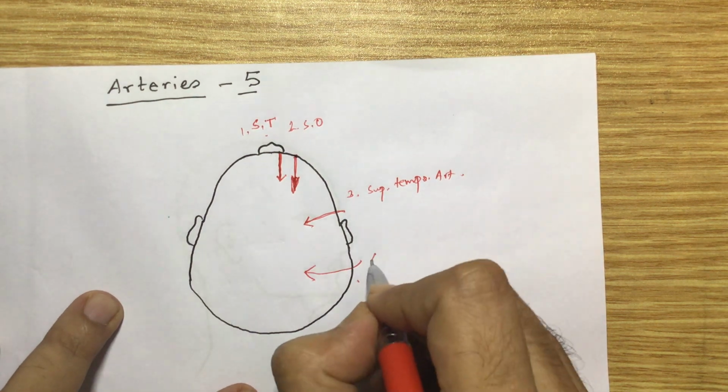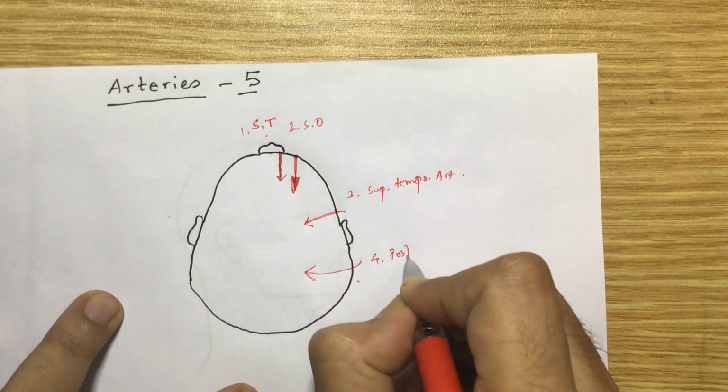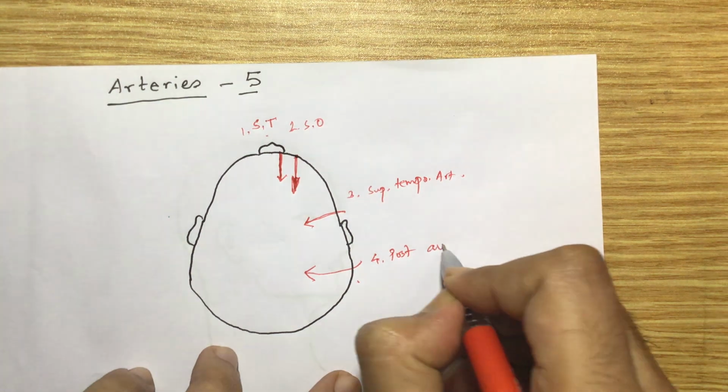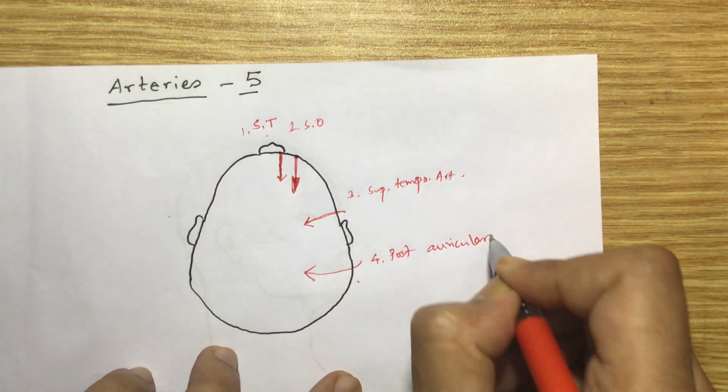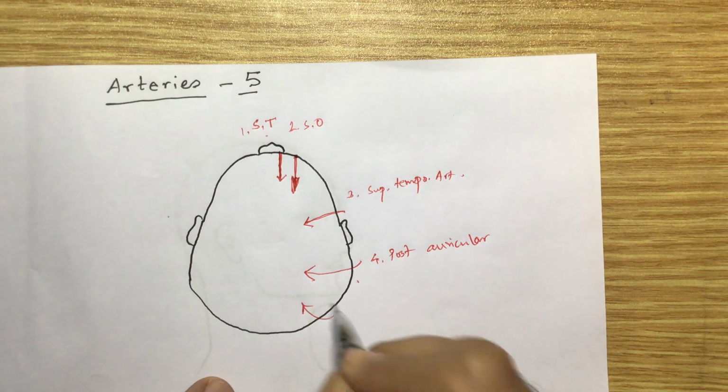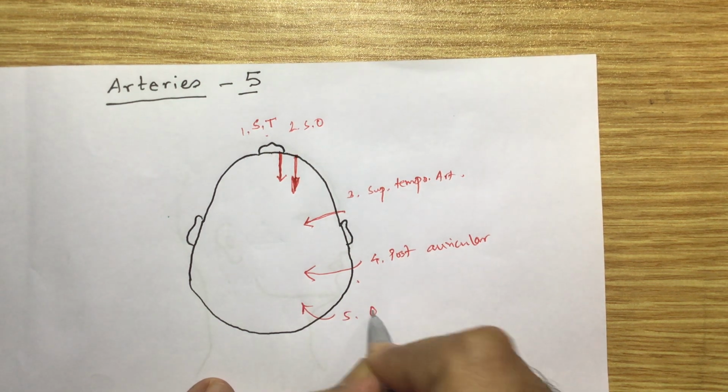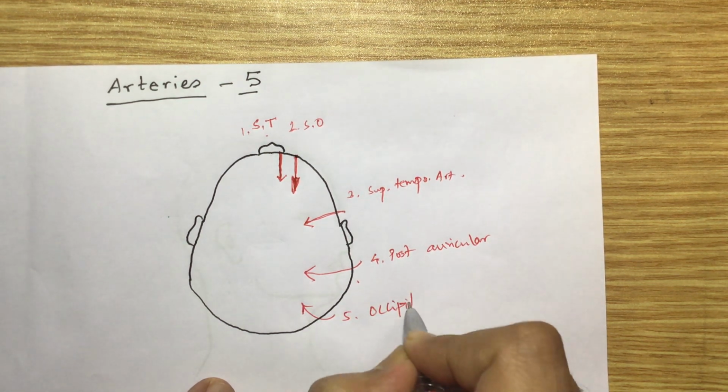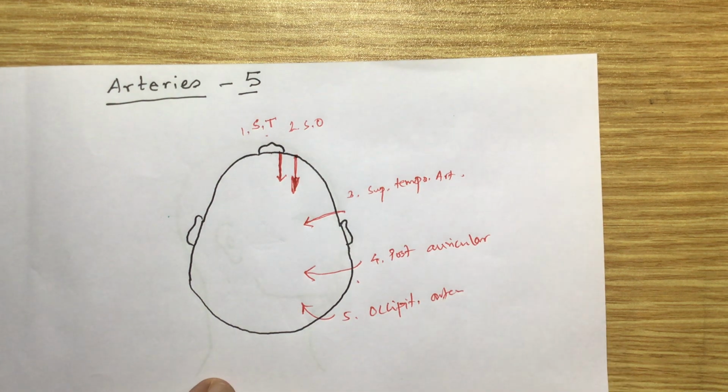Fourth, that is the posterior auricular, and fifth, the occipital artery.